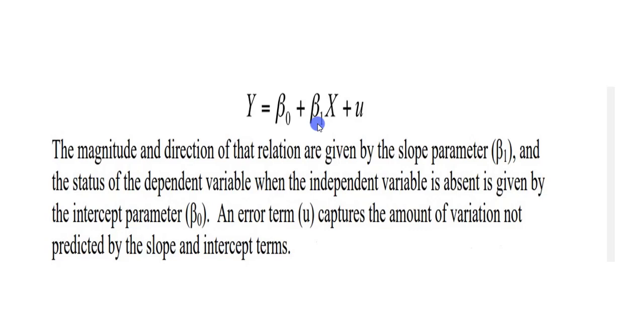With the help of the beta 1 coefficient, you will be able to predict the direction, that is, what the impact of x on y is, whether the direction is positive or negative.